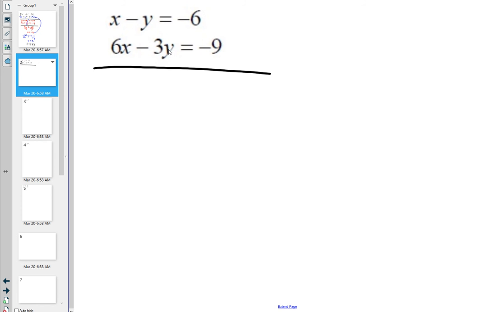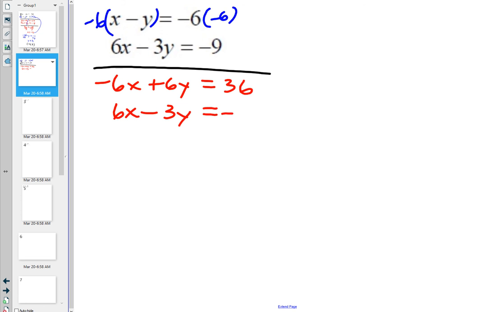Okay, whatever Lana says. If you want to get rid of the x's, what number would you have to multiply by? Very good. So multiply her thing by -6: -6x plus 6y is equal to 36. 6x minus 3y is equal to -9.